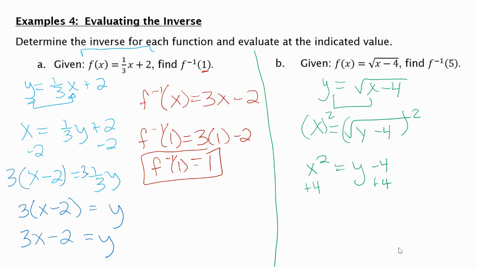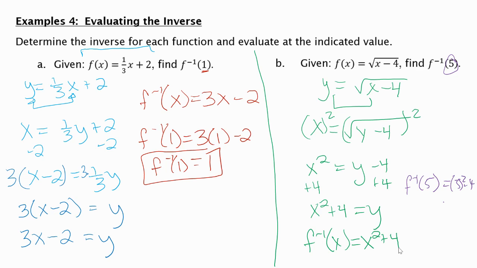Add 4 to both sides. And then this would be our inverse. And so now when we evaluate, you're going to put a 5 in for x. And we would get 21.